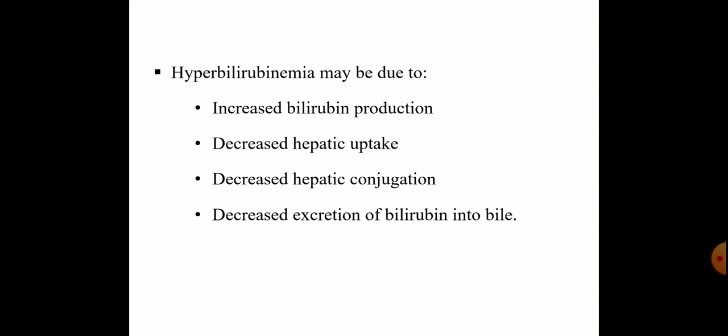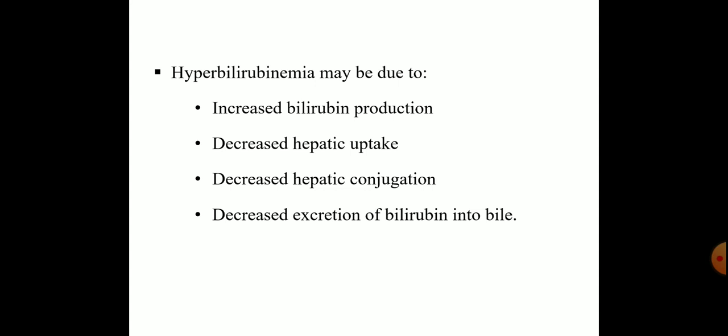It may occur in conditions like sickle cell anemia, thalassemia, or some other diseases and physiological conditions. Here there is increased bilirubin production than the ability of the liver to conjugate it.